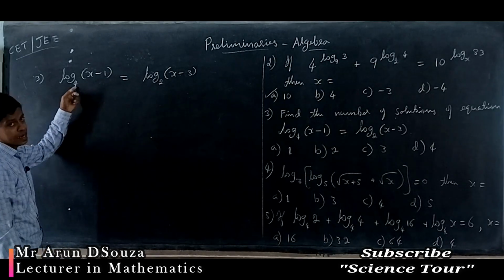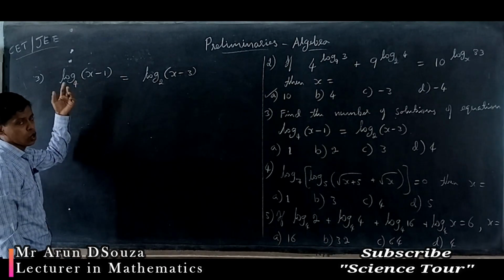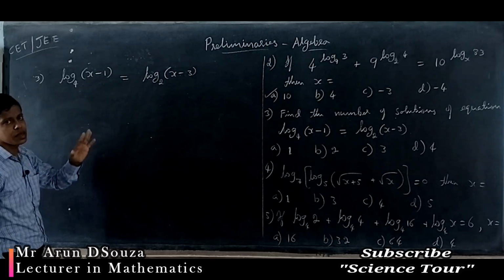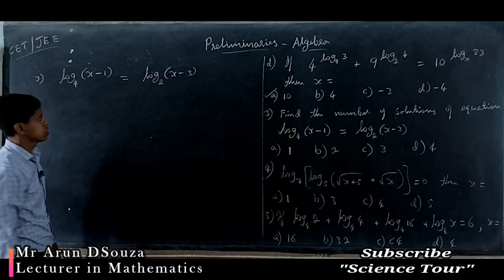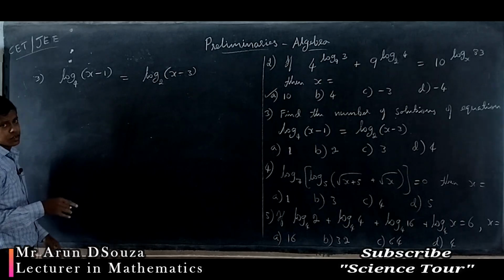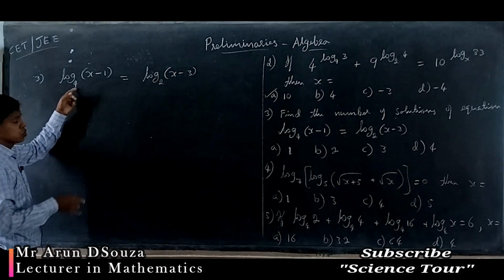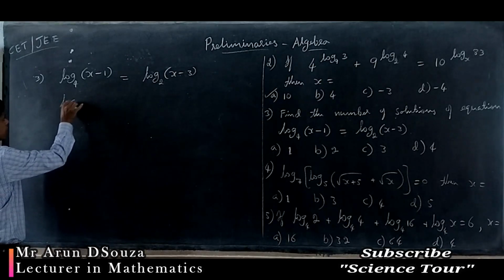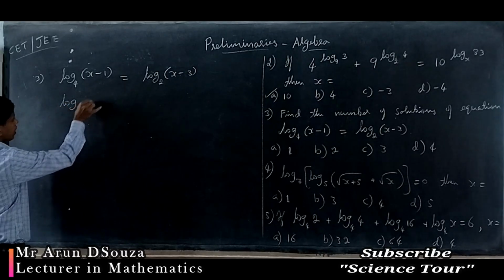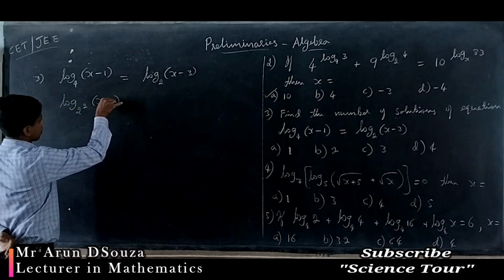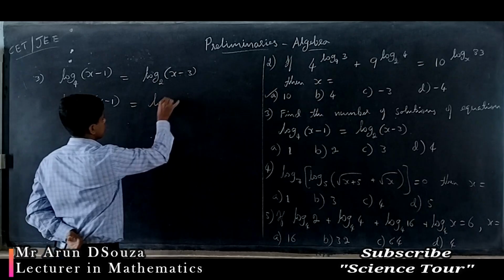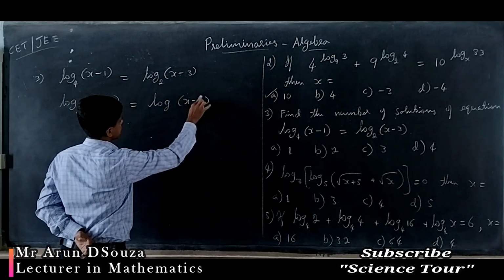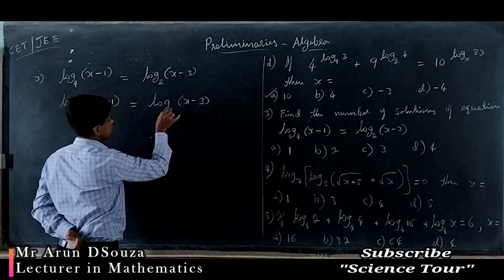So I may write it as 2 squared, then log to the base 2. Log to the base 2 can be deleted from both sides, so that will be easy for us. Now we'll make it equal. So I am writing 2 squared, and this is x minus 1, that is equal to log (x minus 3) to the base 2.